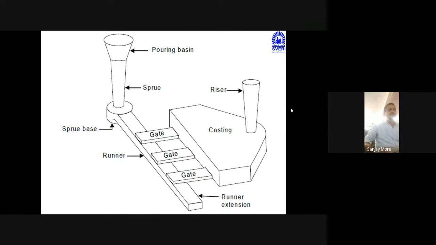Means gate ratio totally depends on the pouring basin area, then the gate area here 1, 2, 3, and the ingate area, meaning how much casting will be filled. These three areas define the gate ratio.